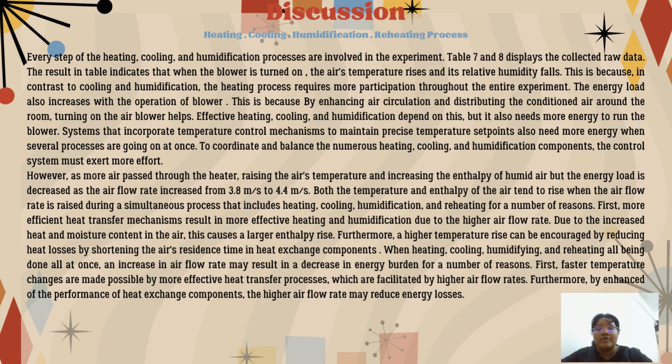However, as more air passes through the heater, raising the air's temperature and increasing the enthalpy of the humid air, the energy load is decreased as the airflow rate increases from 3.8 meters per second to 4.4 meters per second. Both the temperature and enthalpy of the air tend to rise when the airflow rate is raised during a simultaneous process that includes heating, cooling, humidification, and also reheating.